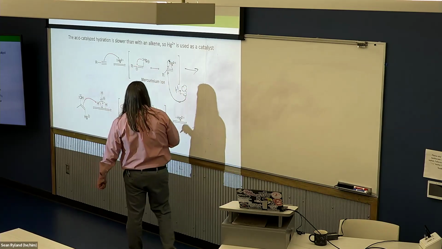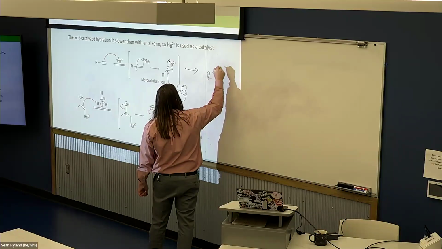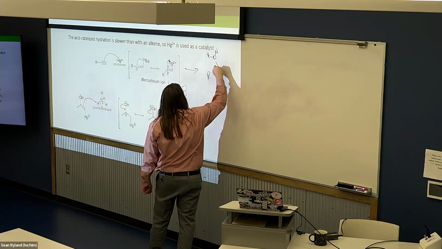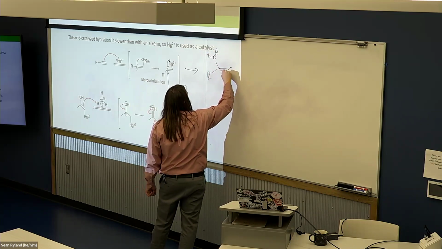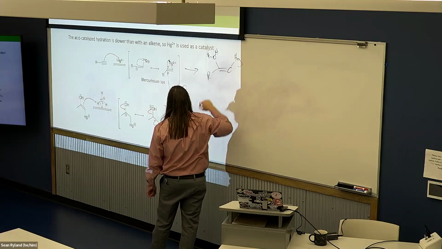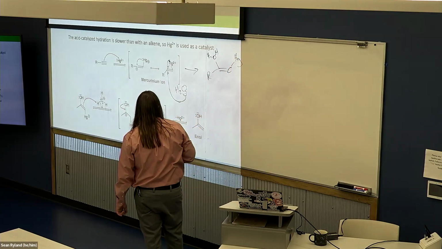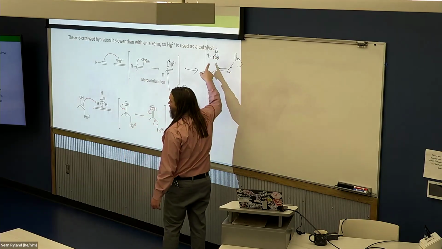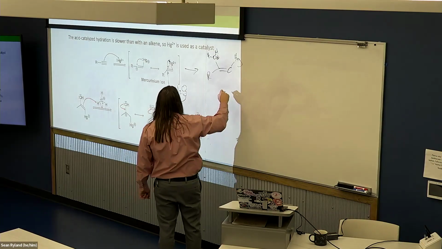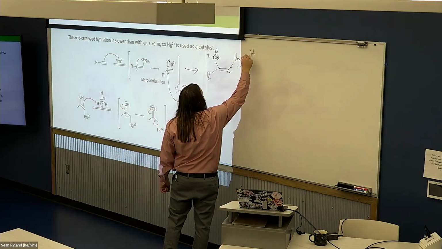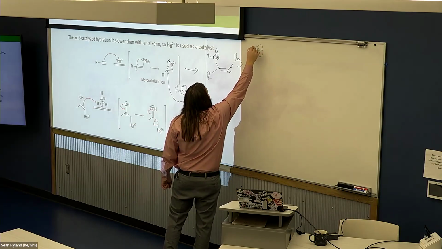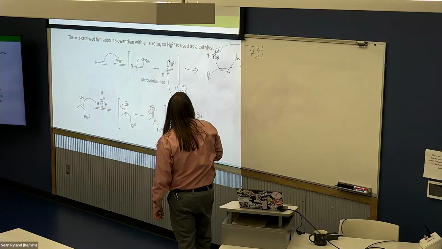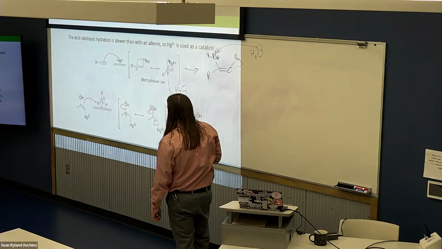And then we do a proton transfer step. We've seen this before. Once we get a water molecule attached, we just do a proton transfer. Something acts as a base. In this case, probably water acts as a base, pulling hydrogen off to make H3O plus.